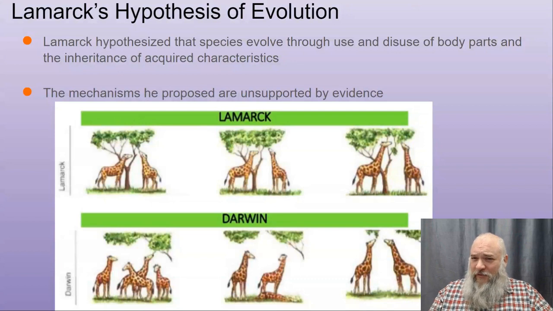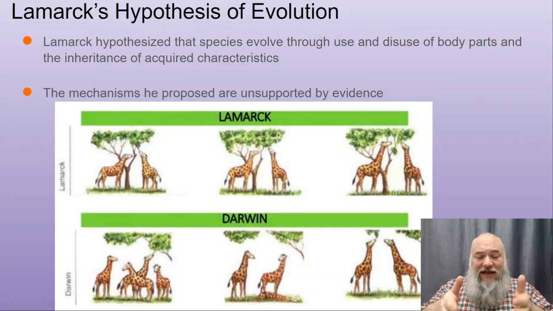How does that fit in with what we know about genetics today? It doesn't, right? But they didn't have that understanding of genetics and DNA at that point in time. So, today we know that there's no way for that to happen. There's no way for something I do during my lifetime to change the DNA in my gametes in that specific of a way.